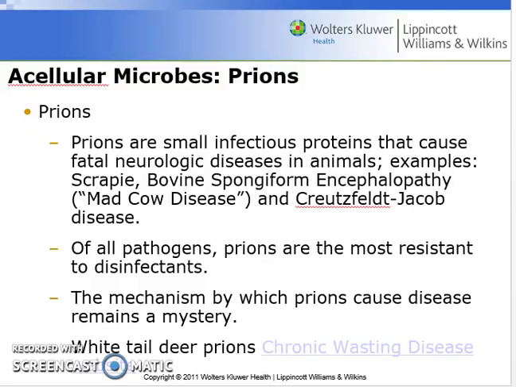So the prions are our next subgroup of acellular microbes, and as I've said before, these are infectious agents that are proteins, and they cause very severe diseases because they cause other normal proteins in a system to conform to irregular protein structure patterns.